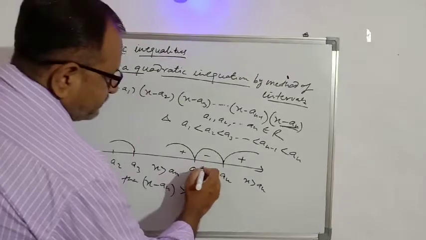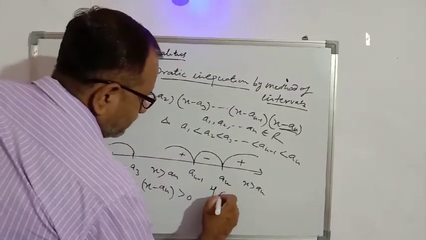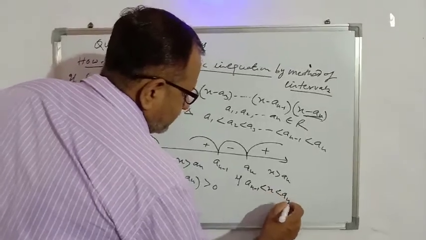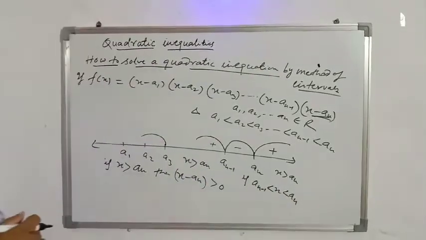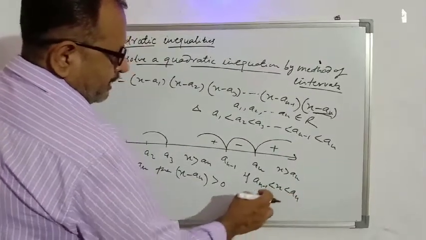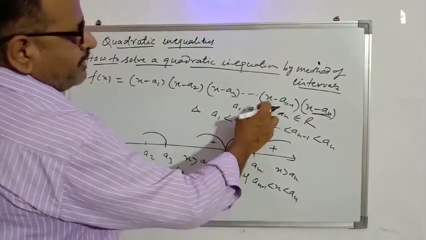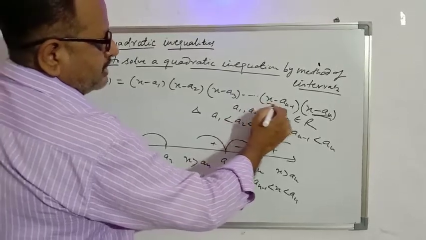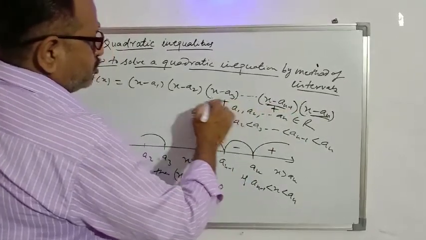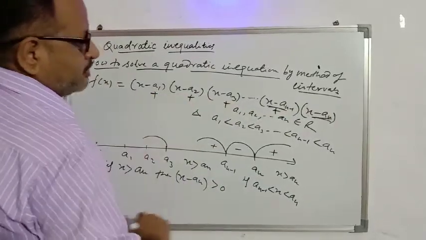See this interval, if x lies between an minus 1 and an, means x is greater than an minus 1, so this bracket will be positive. This is also positive, this one also positive, this one also positive.